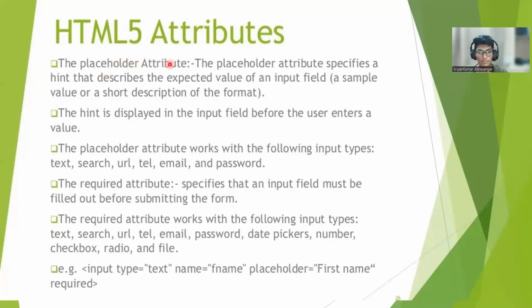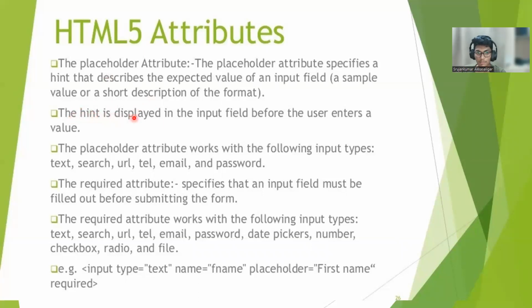The placeholder attribute. The placeholder attribute specifies a hint that describes the expected value for an input field. Suppose there is an input text that is first name or address, and below that there will be written an example for an address, how it must look like.